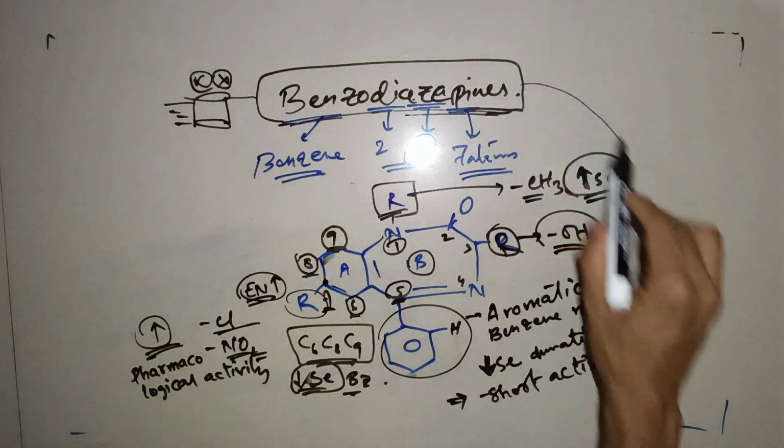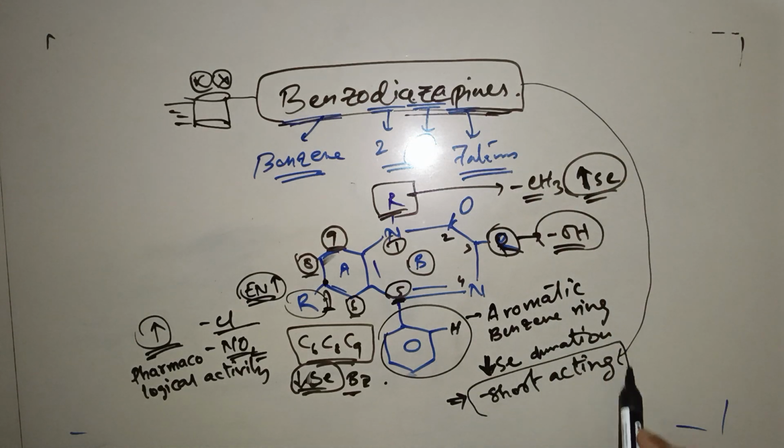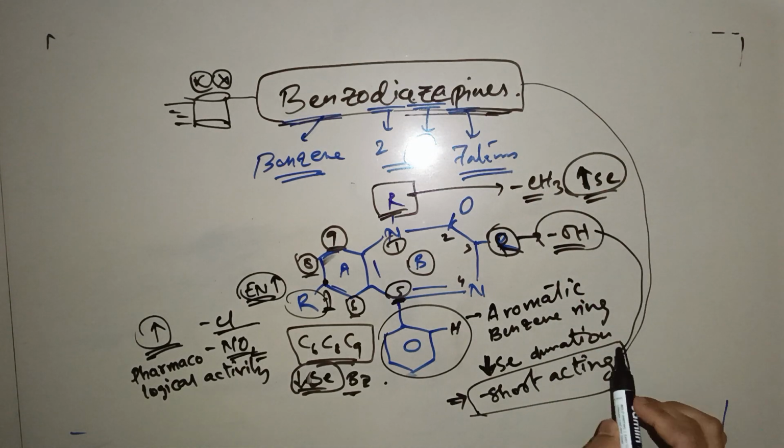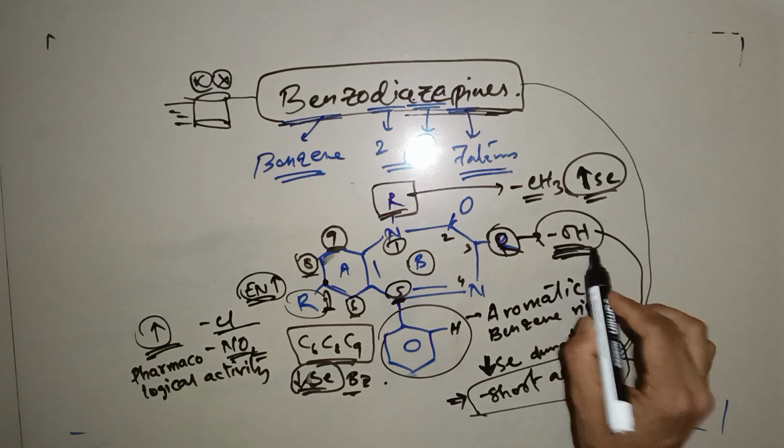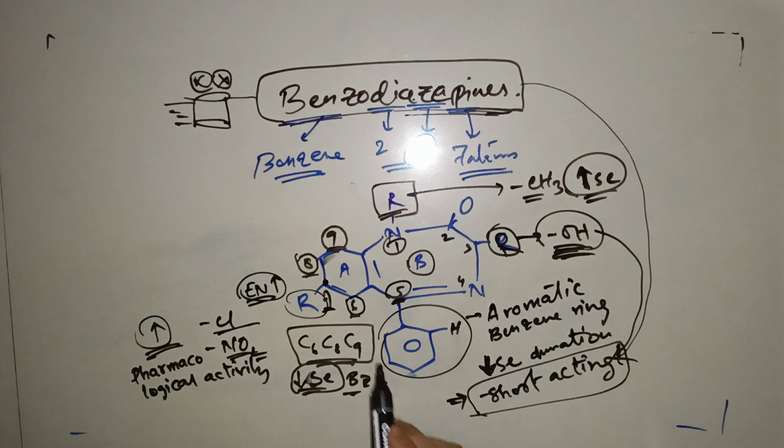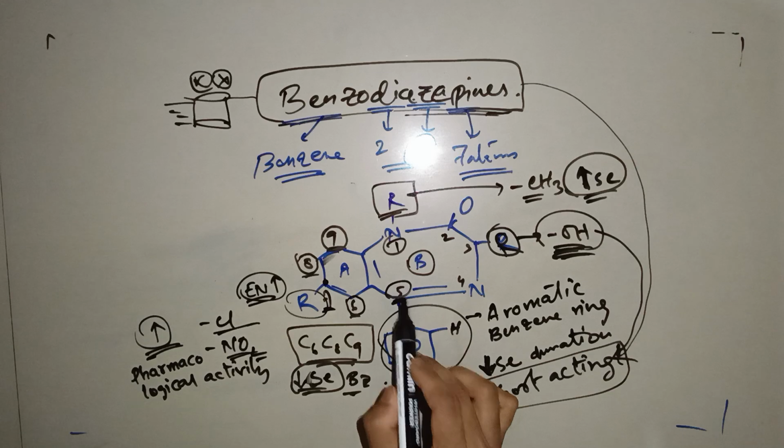The benzodiazepine will act as short acting. What are the reasons? Number one is if a hydroxyl group is present at the third position, and number two, if an aromatic benzene ring is present at the fifth position.